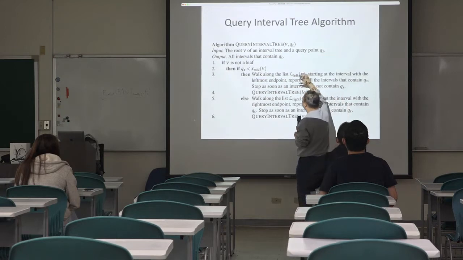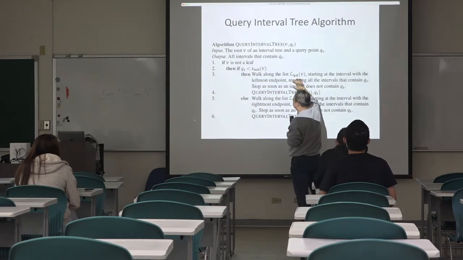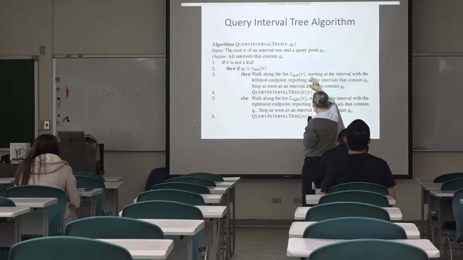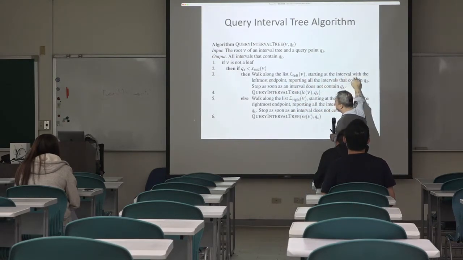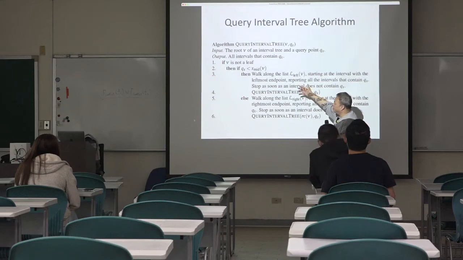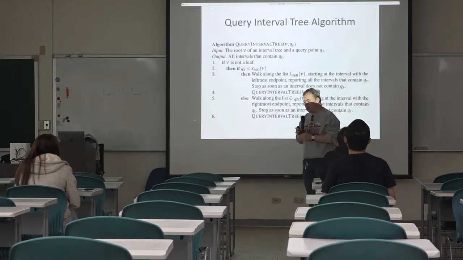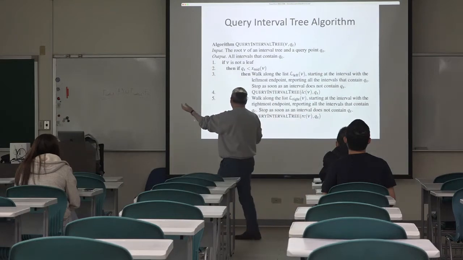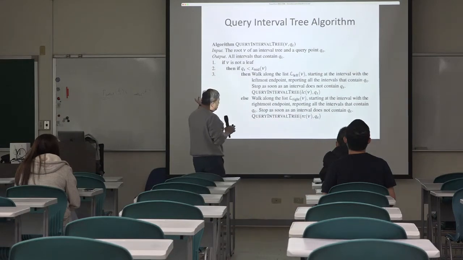But for the intervals in the root, basically walk along the list L left, starting at the interval with the leftmost endpoint. If that left endpoint is smaller than or equal to qx, we report it, and then the next one, if it's still smaller than or equal to qx, we report it.